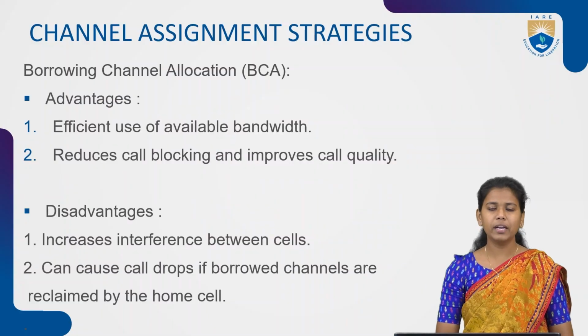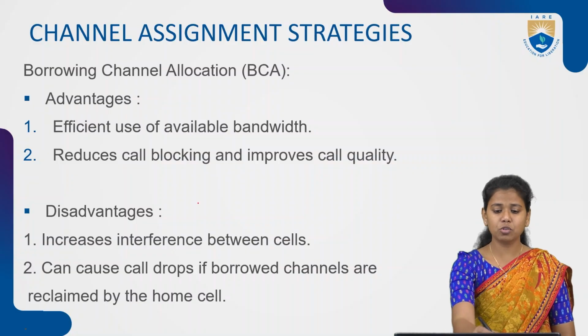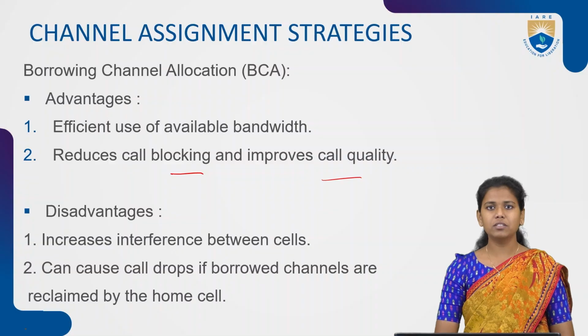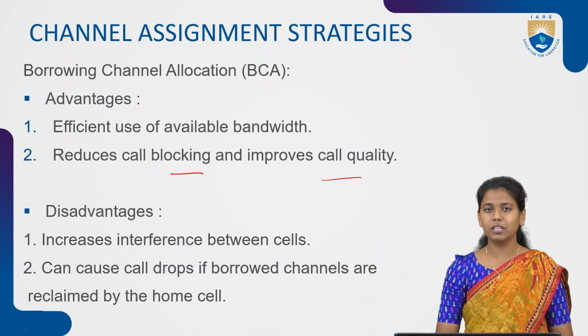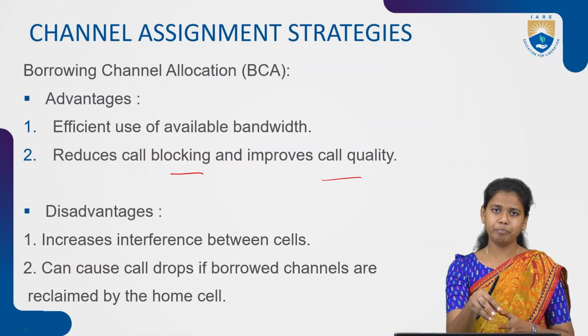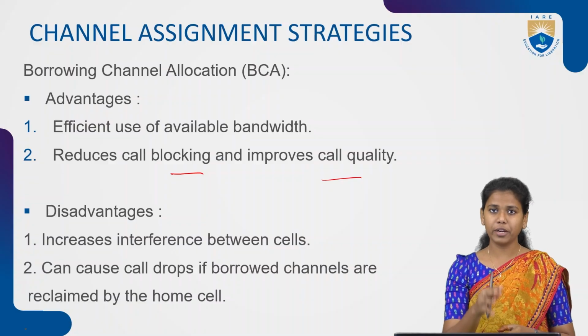The advantages of borrowing channel allocation are efficient use of available bandwidth, reduced call blocking and improved call quality. The disadvantage is that interference will be maximum between the cells, because the neighboring cells are helping the parent cells in order to reduce the traffic.